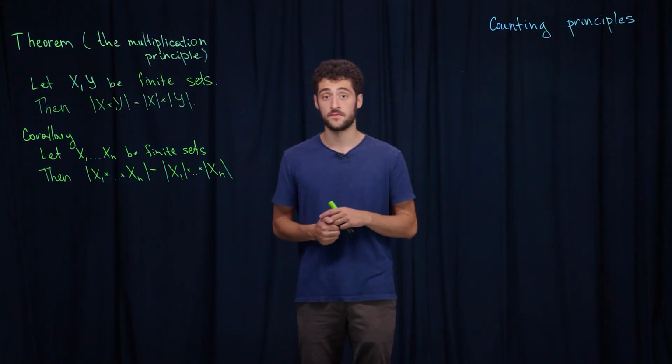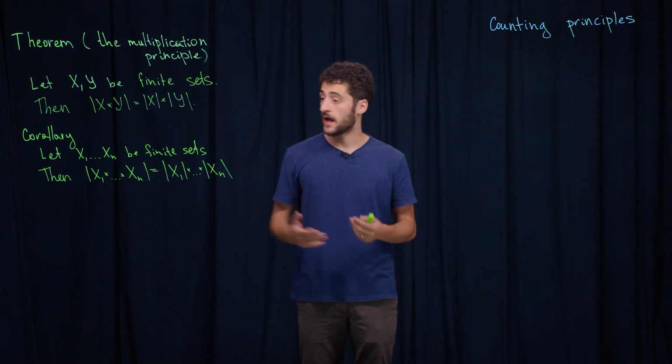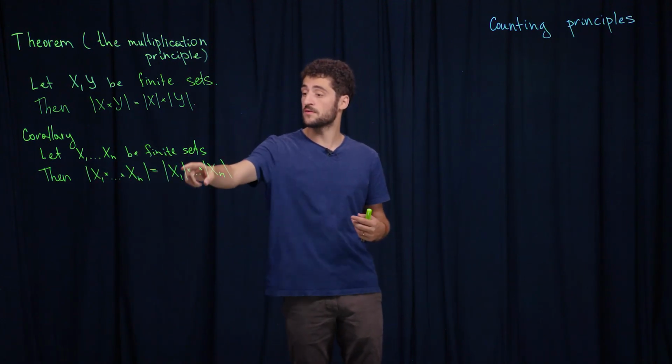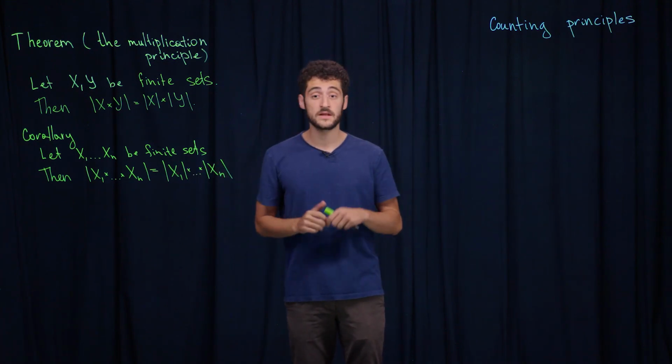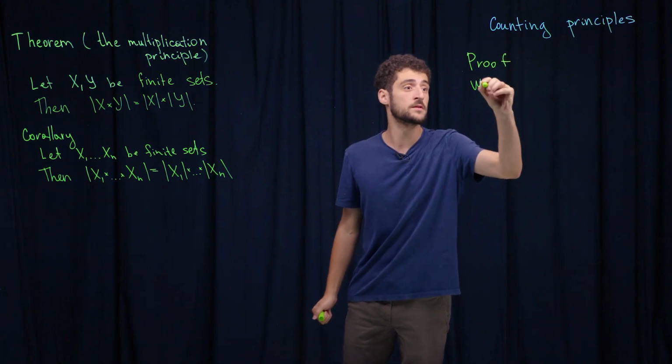Let's try to generalize this theorem. Let's imagine that we have n finite sets, and we want to compute the size of their product. Apparently, we may derive that it's the product of their sizes again. Let's prove this by induction.